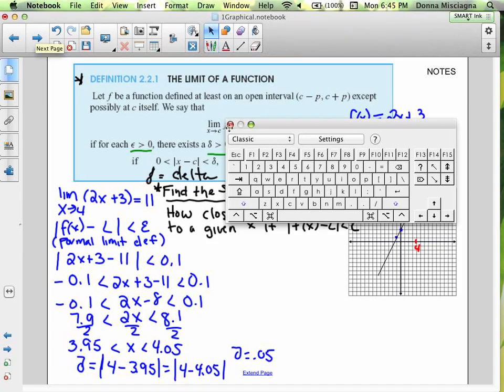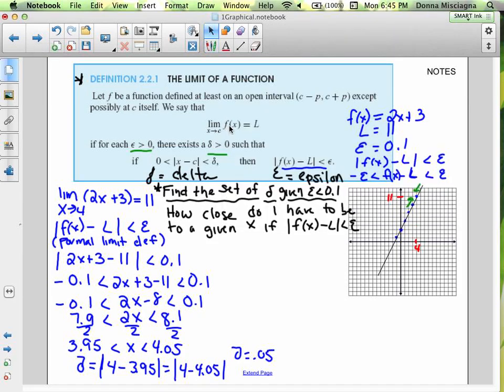Sorry about that, I don't know what I hit to give us the keyboard. So these values, when we solve, give you the x values. You just have to subtract what x is approaching to give you delta.